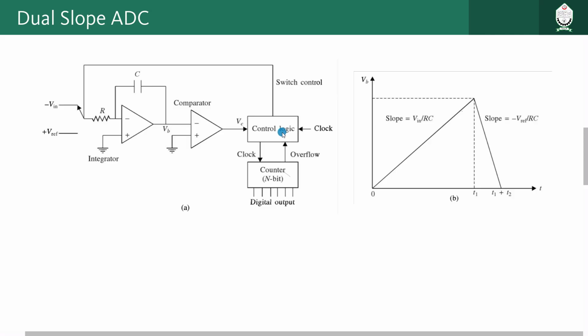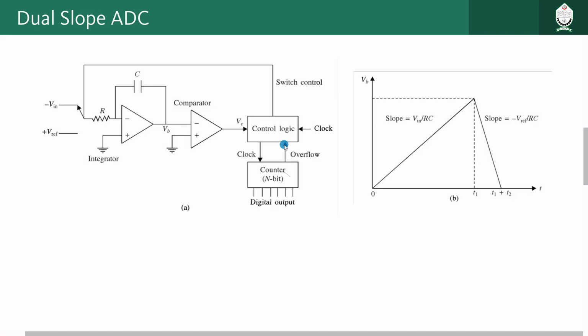The clock pulse will always be coming, just like in the previous case, but whether it will be passed through to the counter or not will be decided upon the value of VC. Briefly, you can understand how each of the components of this device works.